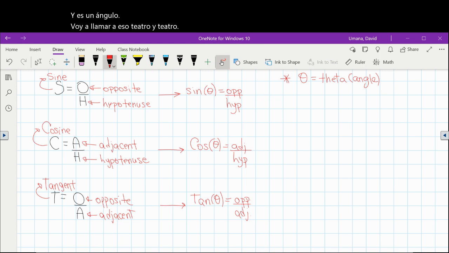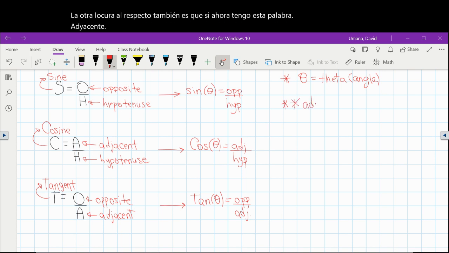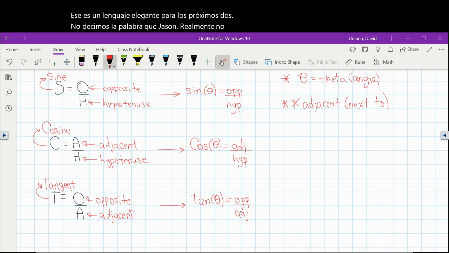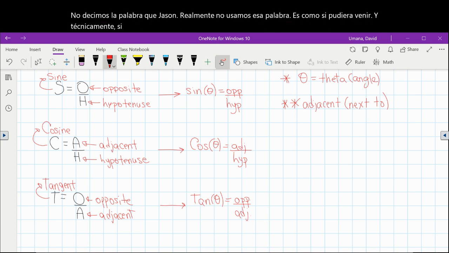The other crazy thing about it too is that this word adjacent is fancy language for next to. We don't really use that word. Technically, I can say I am adjacent to, but we don't speak that way, not in everyday language.